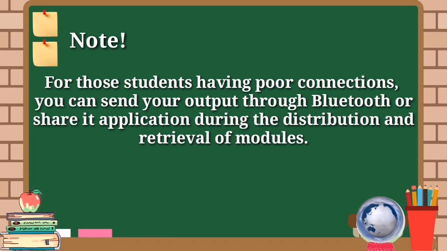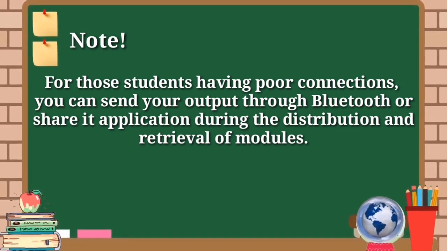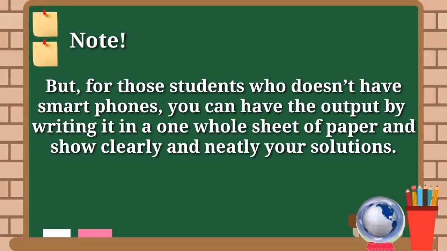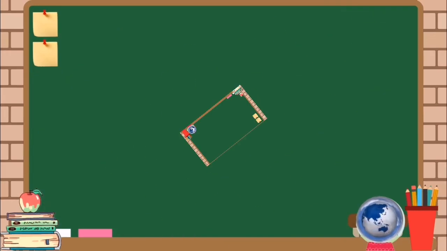For those students having poor connections, you can send your output through Bluetooth or Share It application during the distribution and retrieval of modules. But for those students who don't have smartphones, you can write your output on one whole sheet of paper and show clearly and neatly your solutions.